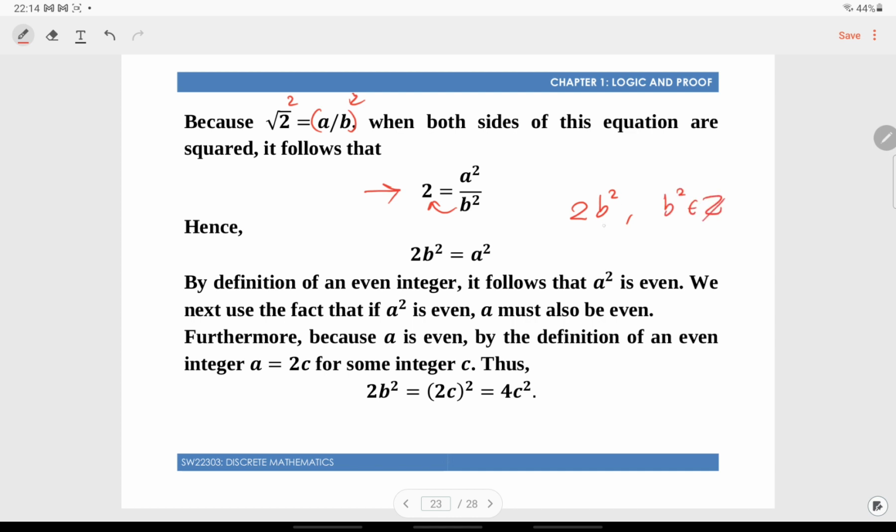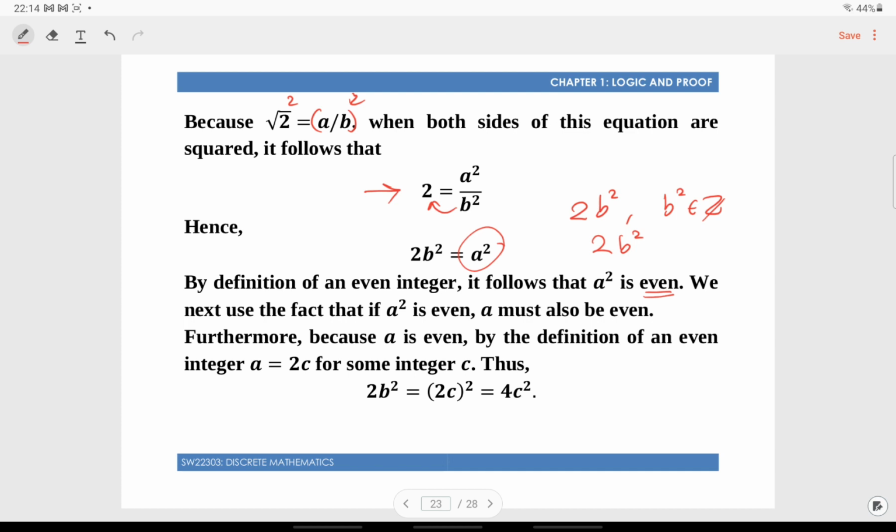So because a square can be written as 2b square, where b square is an integer, basically a square is an even number. Next, we use the fact that because a square is even, a also must be even. This is a fact we can use: if a square is even, then a also must be even.